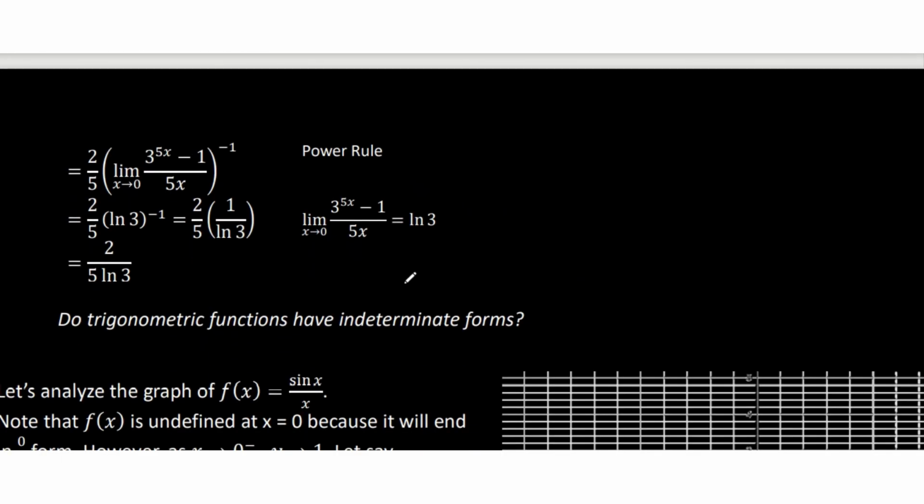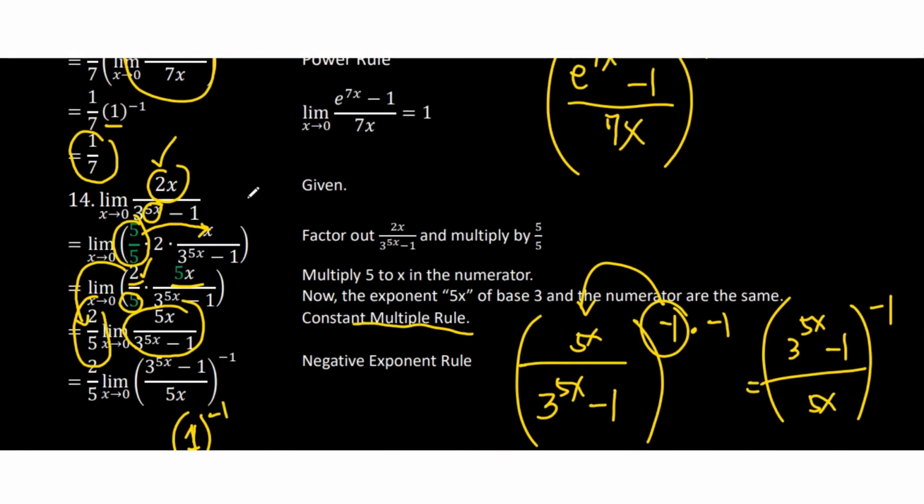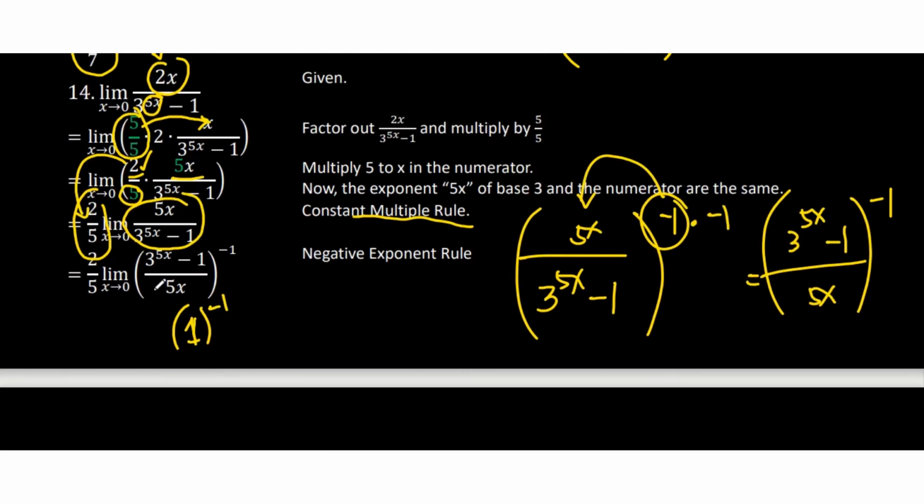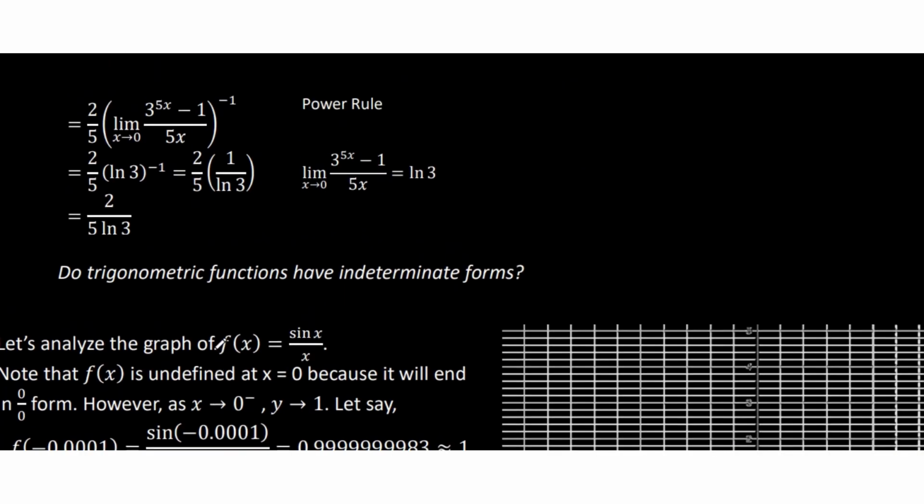So, 2/5 times 1, okay, sorry, that is not 1 because of this 3 here. Then it must be ln of 3. Okay, take note of that. We just substituted it ln of a, where a is equal to 3.